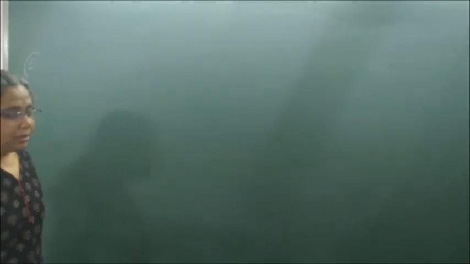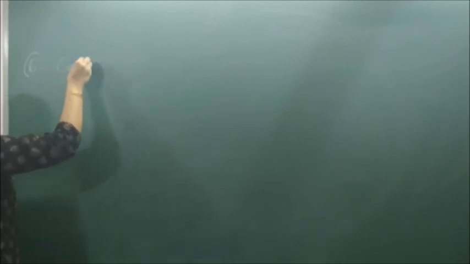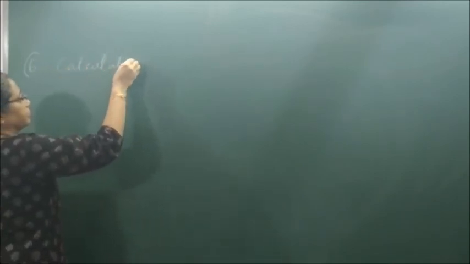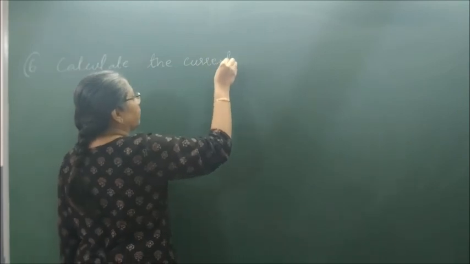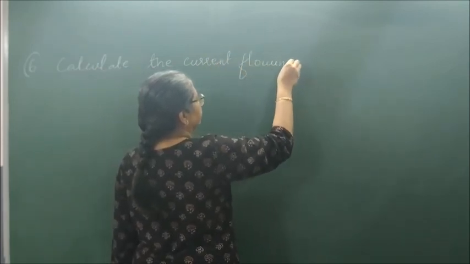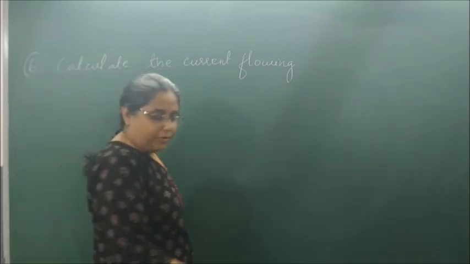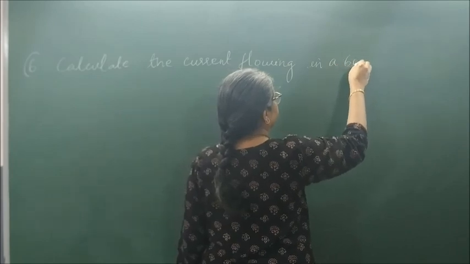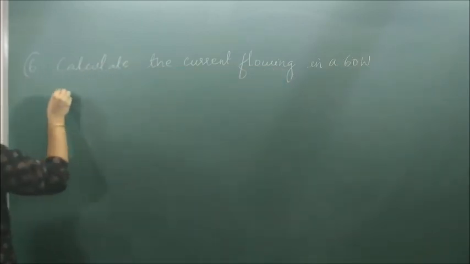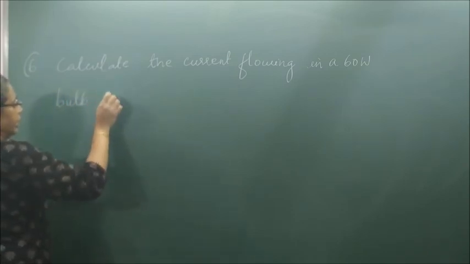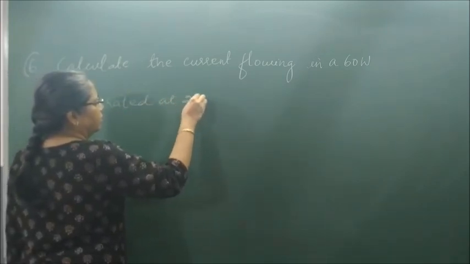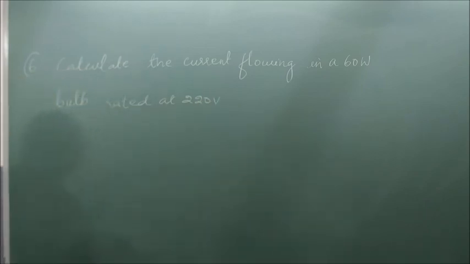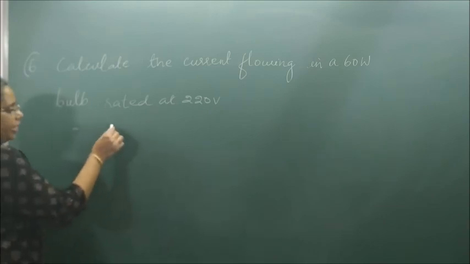Okay. Now for the next one, the sixth problem: calculate the current flowing in a 60 watt bulb rated at 220 volts. What is 60 watt?